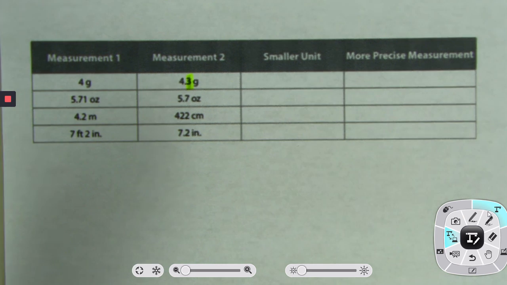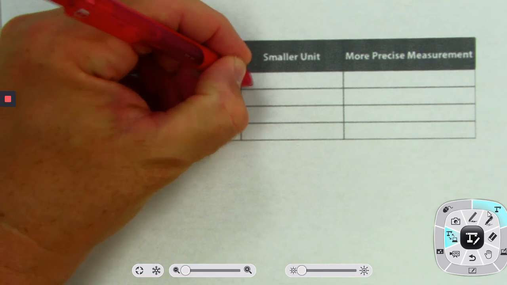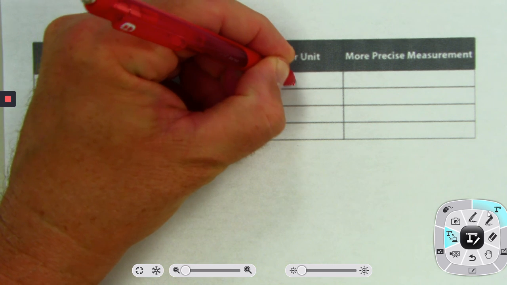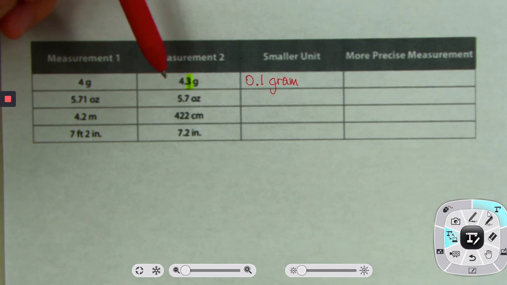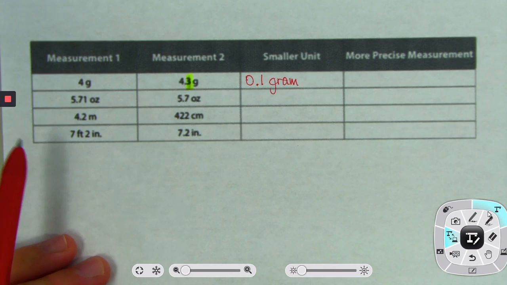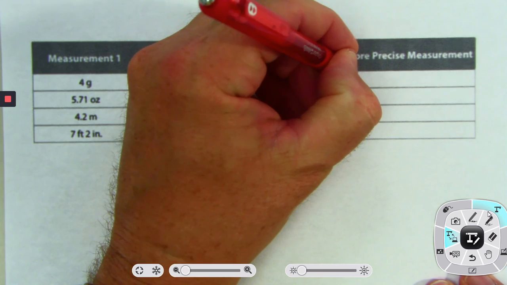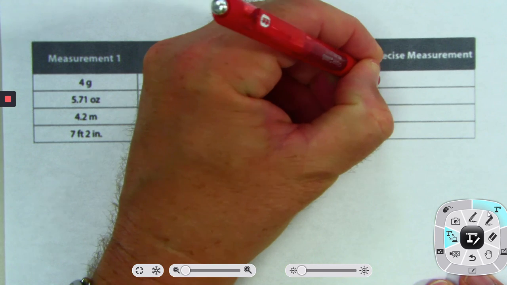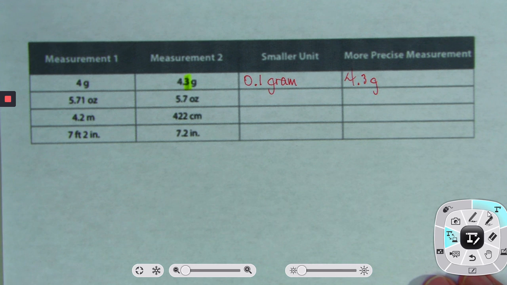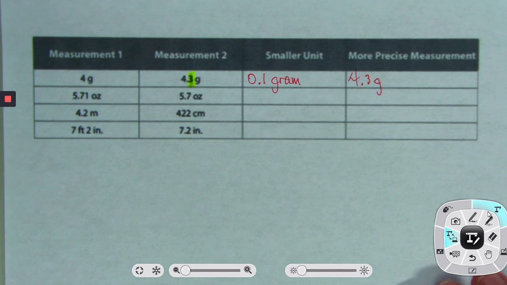So my smaller unit there is 1/10 of a gram. And since this contains tenths of a gram and this one does not, the more precise measurement is 4.3 grams. Remember, it's not the smallest number, but rather the smallest unit.